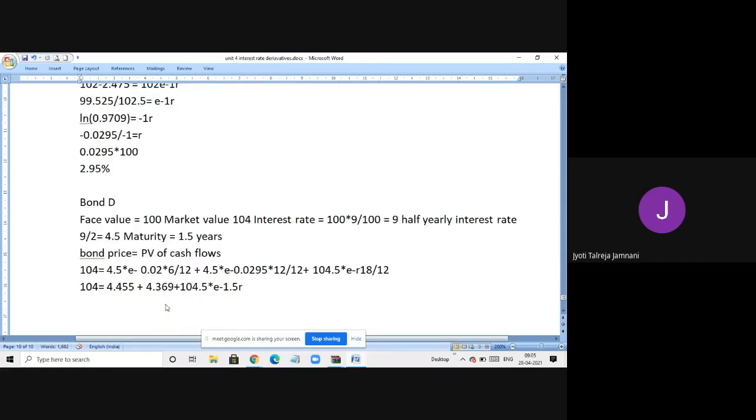Okay, all of you are getting the same 4.455 and 4.369. Any other answer anybody has got?